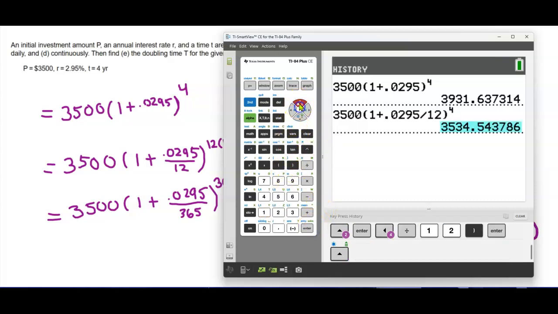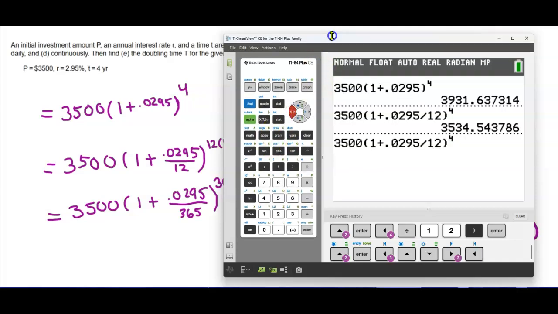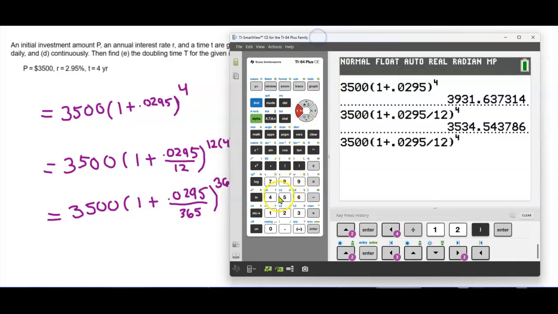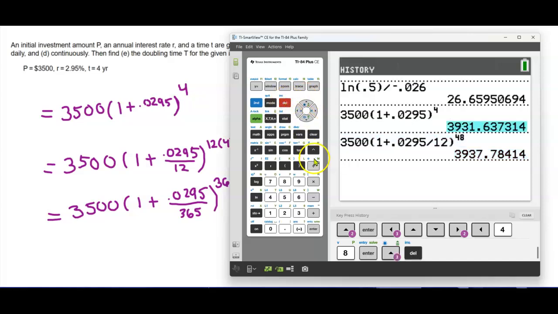Oops, it's not right because if we do it monthly, we need 4 times 12 factors of this. So we need 48 factors. There we go. Looks better. Can I delete this? Let's see. Delete. There we go. Looks better there.